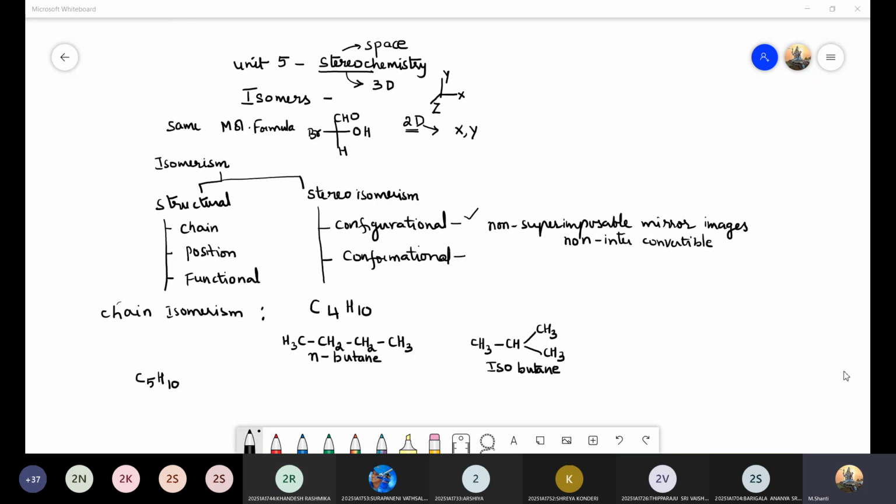So the first one would be n-pentane. The next one, isopentane.